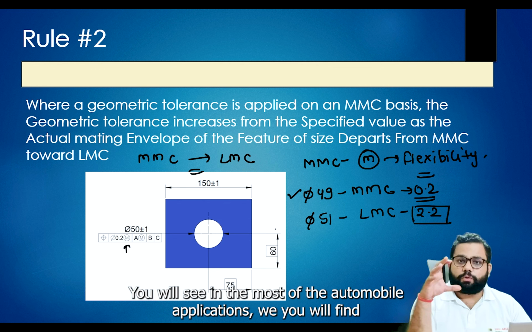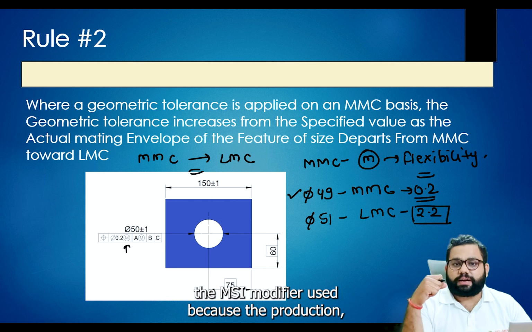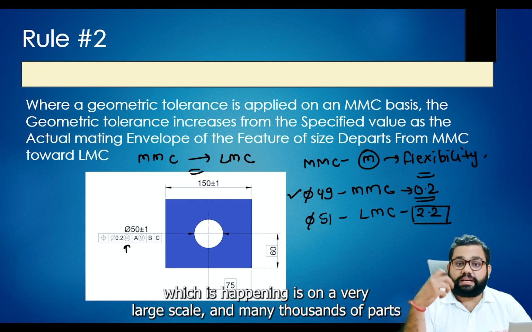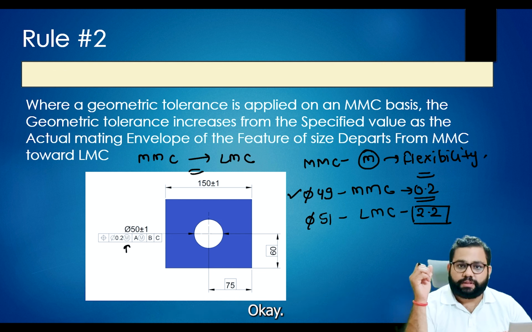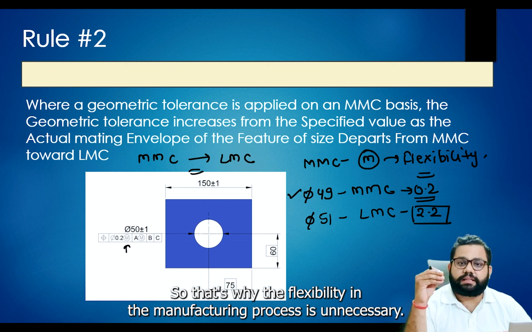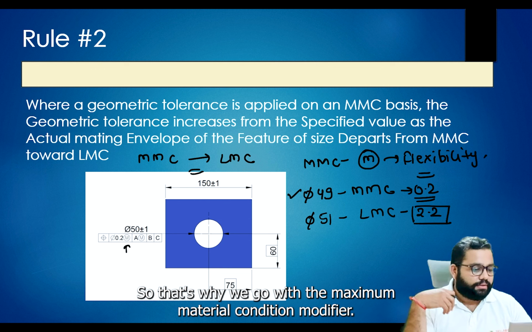You will find the MMC modifier used in most automobile applications, because the production happens on a very large scale, and many thousands of parts are assembled with multiple thousands of parts. That is why flexibility in the manufacturing process is a necessity, and why we go with the maximum material condition modifier.